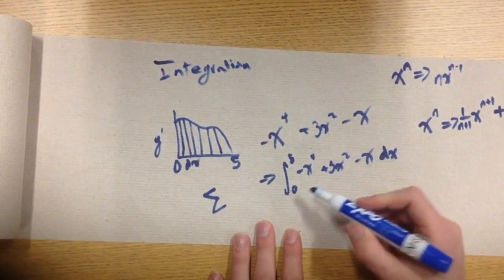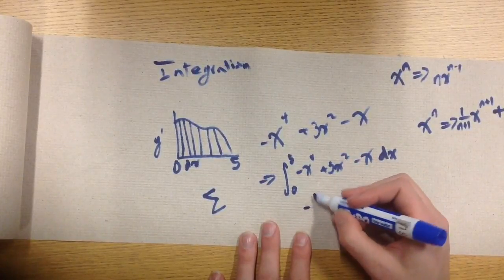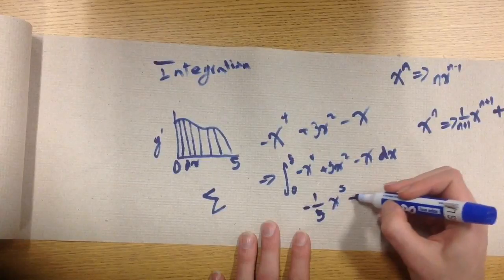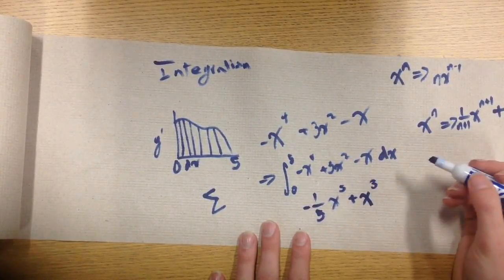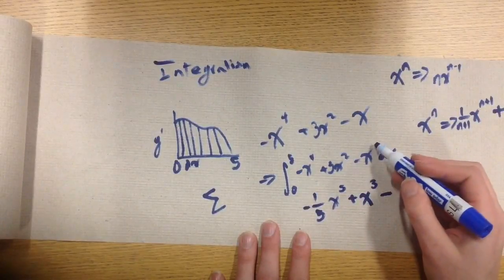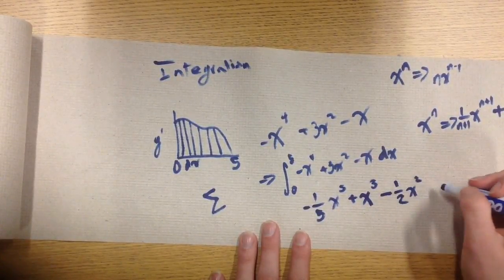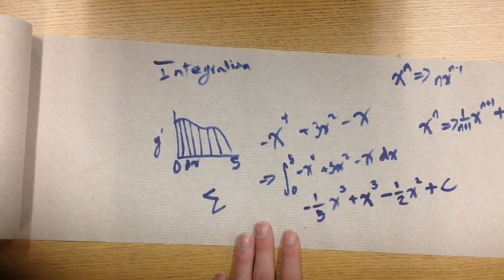So to go back to our equation, negative x to the fourth becomes negative 1/5 x to the fifth, plus 3x squared becomes x cubed, minus x becomes 1/2 of x squared, plus c, because we don't know where that is.